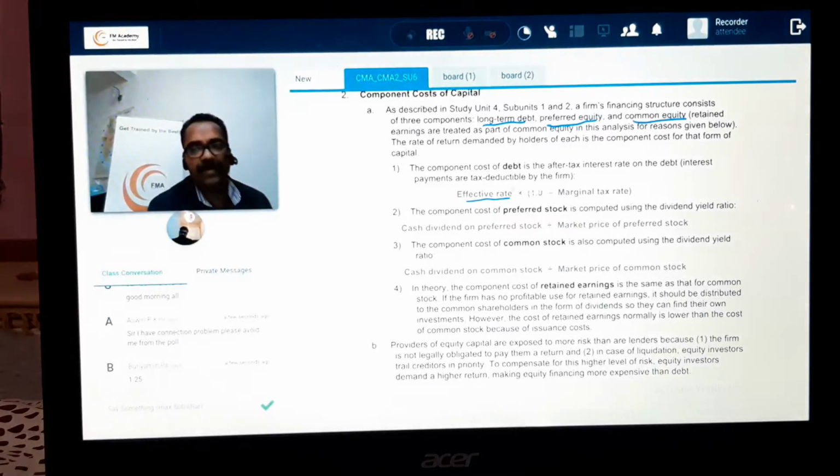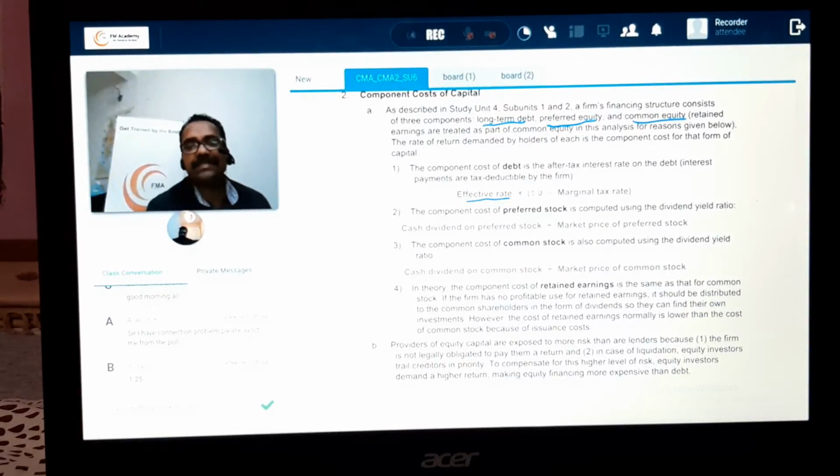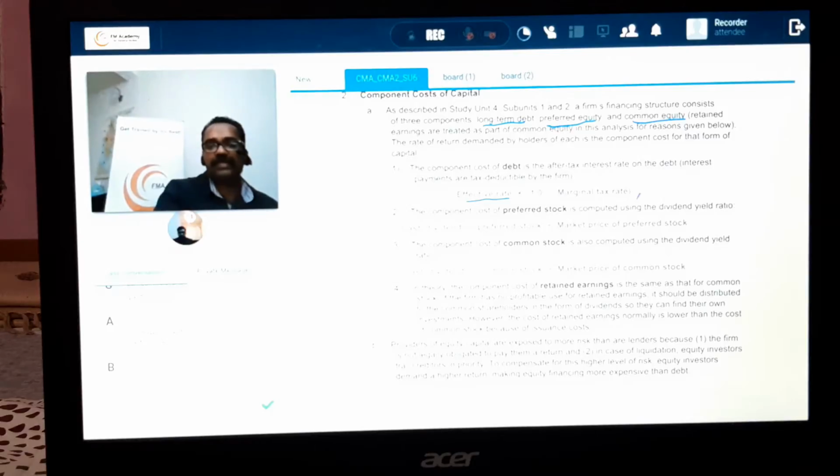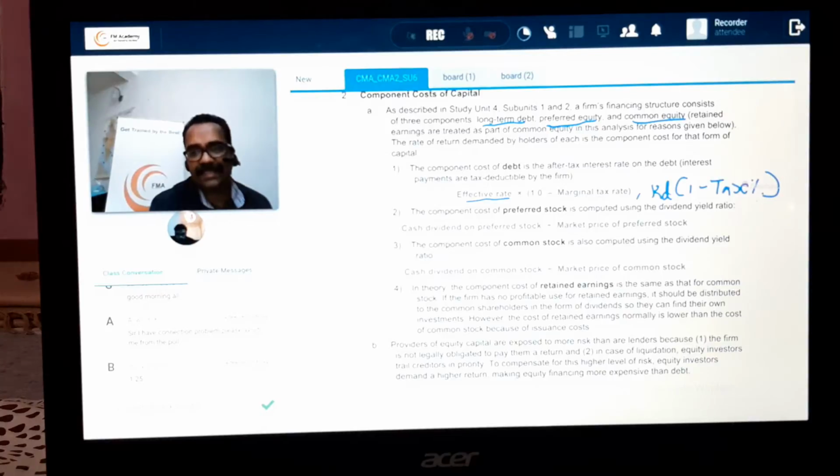Remember, the effective rate can be different from the coupon rate, it depends. So if KD is the effective rate, KD into 1 minus tax rate. Cost of debt is always post-tax.